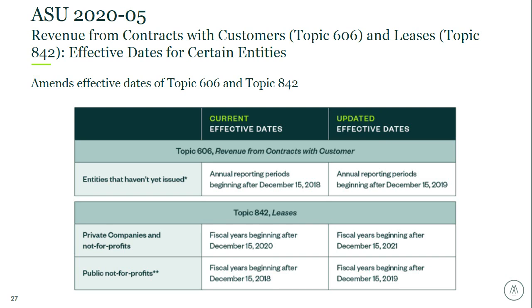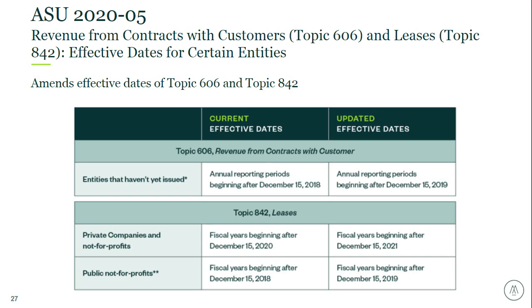after December 15, 2019, or to put it in simpler terms than FASB likes to use, that would be your calendar 2020s. So any of you who have 12/31 year ends, your 2020 financial statements would need to include consideration of adoption of 606. For 842, there was a 1-year extension for not-for-profits with public debt and an additional 2-year extension for everyone else.